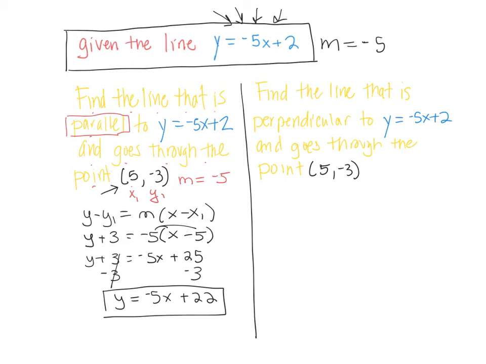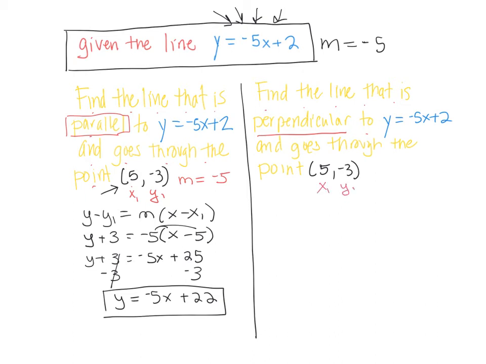Now you're going to see that our next problem is very similar, but once again, we're really watching for key words. Find the line that is perpendicular to y equals -5x plus 2, which was our given line, and goes through the point 5, -3. So this is our x1, y1.